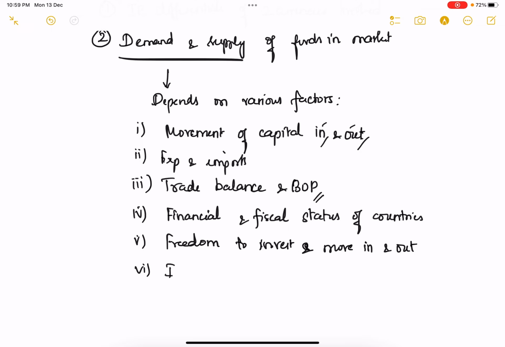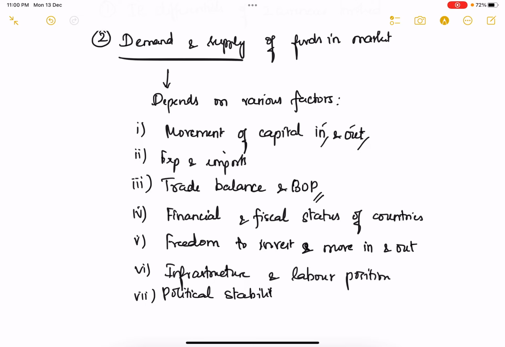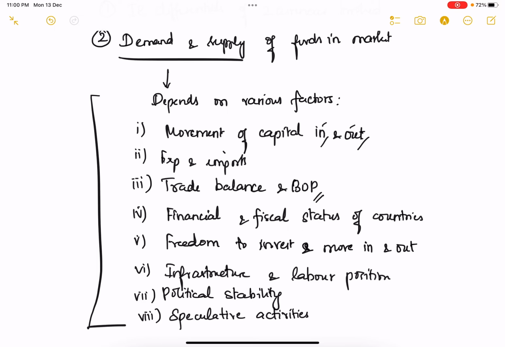The sixth factor is infrastructure and labor position. Then comes the political stability and its movement, and speculative activities. So all these factors influence the demand and supply of forwards in the market.